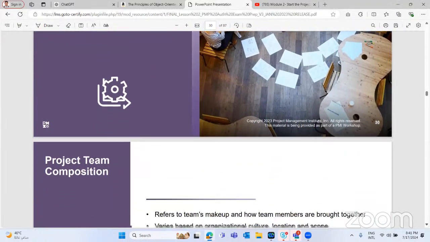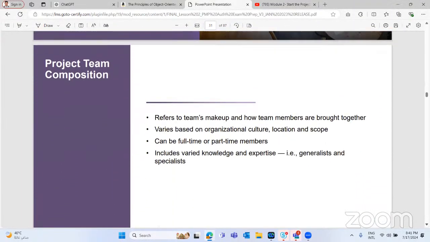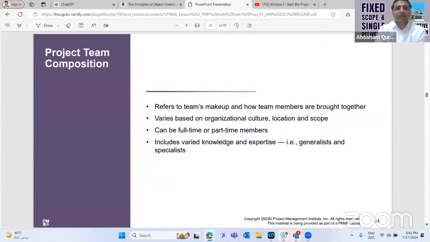Yes, sir. Thank you. So as I said, when we need to compose a team for such kind of projects which have variable scope and a learning curve, what we do is bring together cross-functional team members who have different skill sets, so they complement each other, and they solve this puzzle because they see different aspects of the puzzle, right?